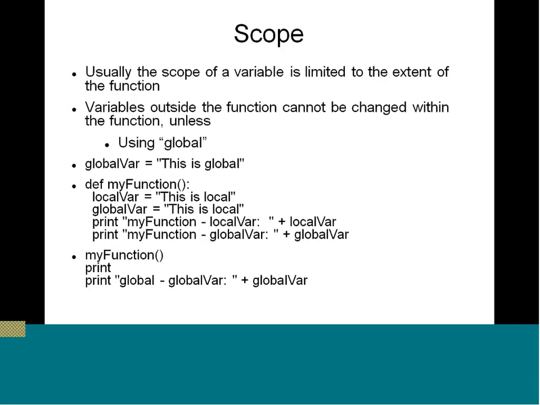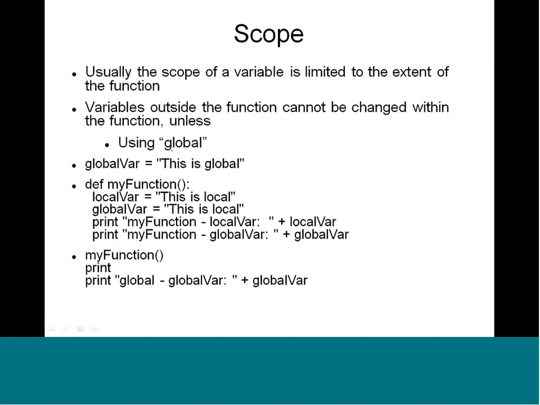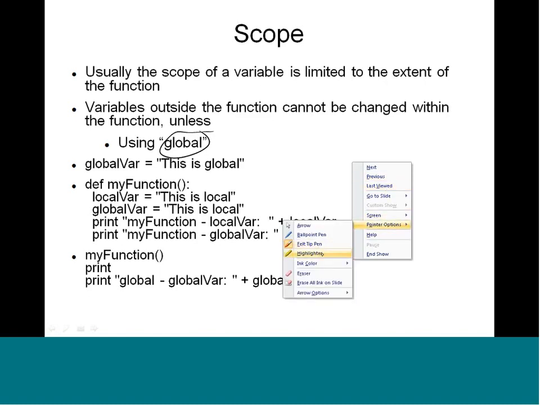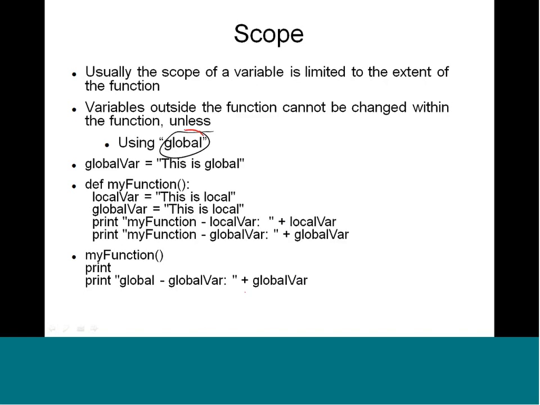And if you want to have a variable defined outside and then use it within the function, you need to declare it with the global keyword, which is shown here.